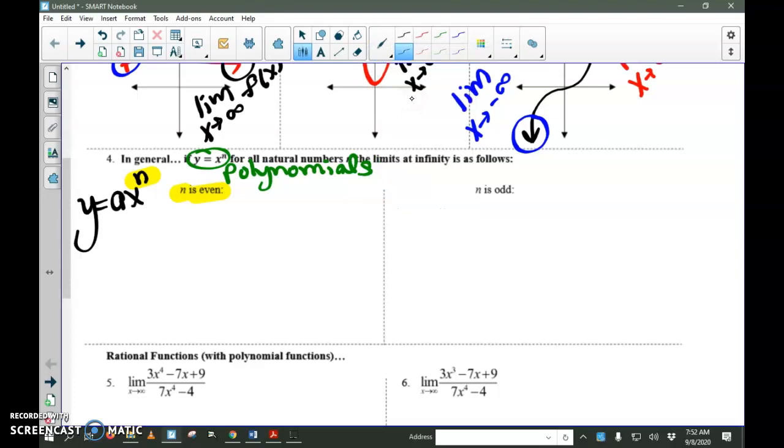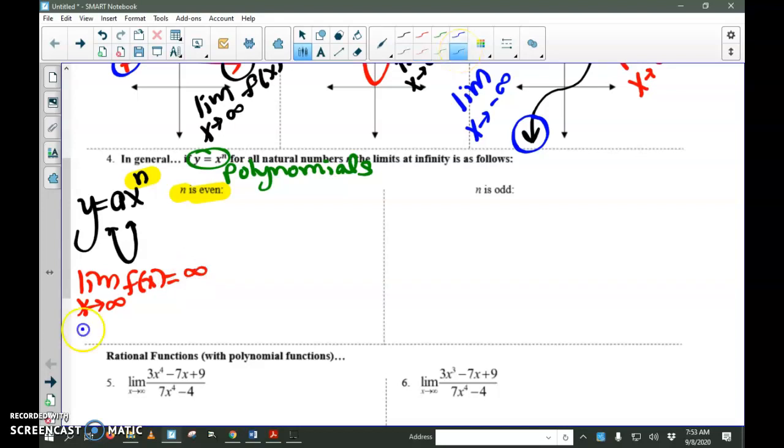I'm either going to have a positive a value, which means I'm going to have a graph where my two ends are going to be moving in the upward direction. So this would be an x squared graph, x to the fourth, x to the sixth, etc. Okay? And when I have a graph like this, the limit as x approaches infinity for that function is infinity, headed towards positive infinity.